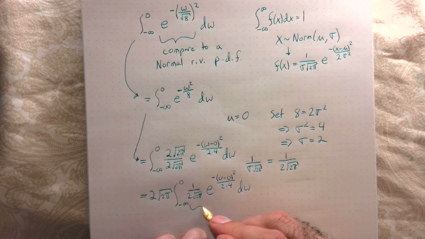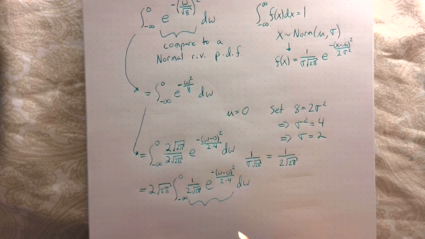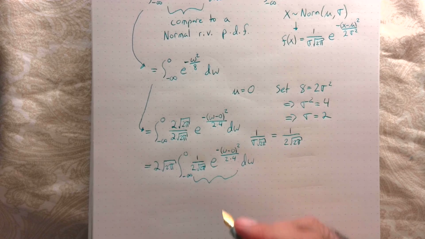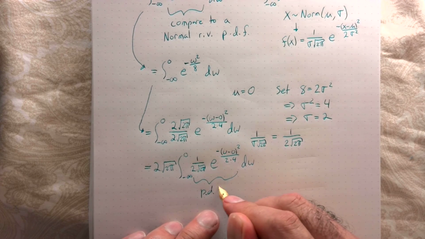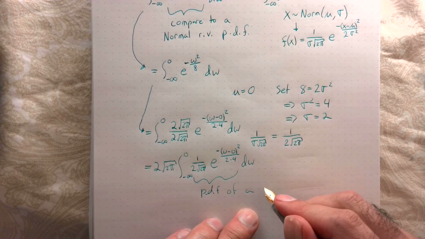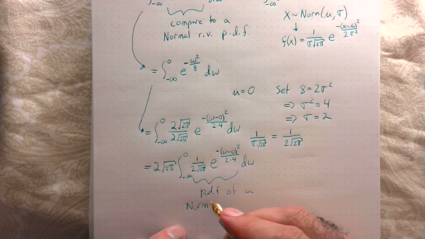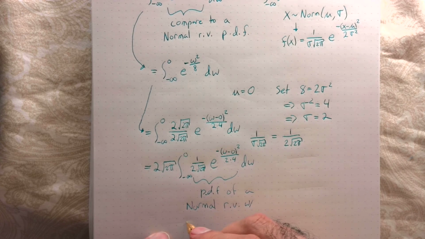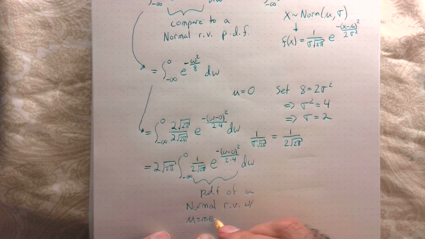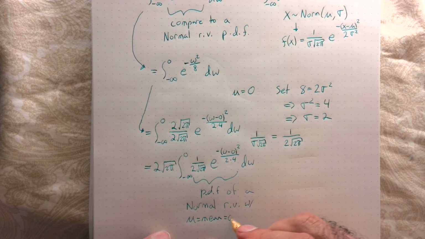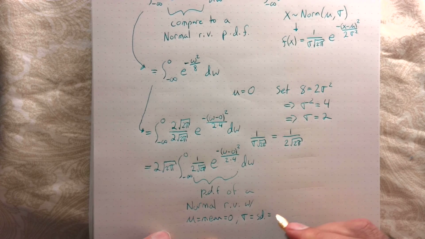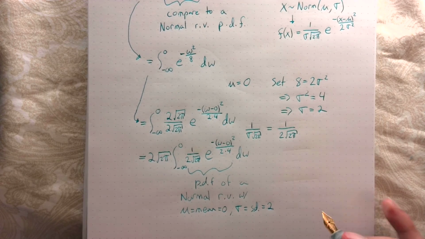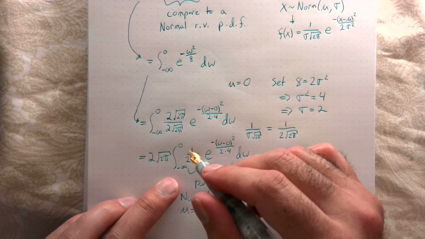By construction, this is the probability density function of a normal random variable with mean mu equal to 0 and standard deviation sigma equal to 2.